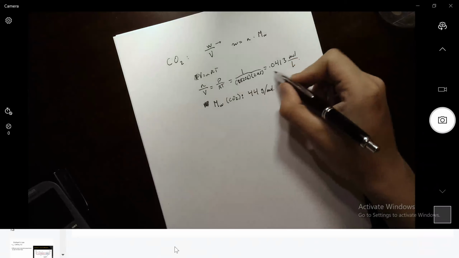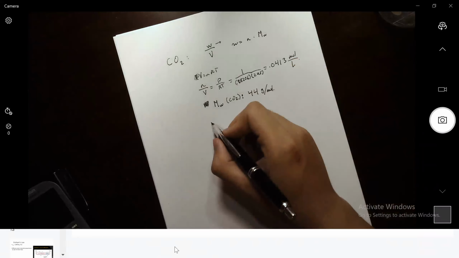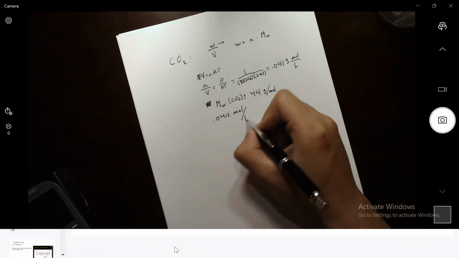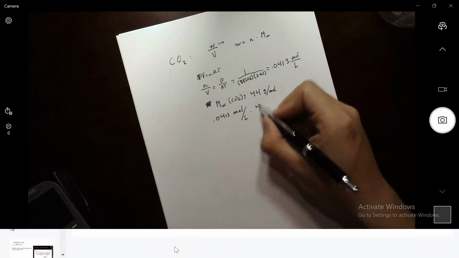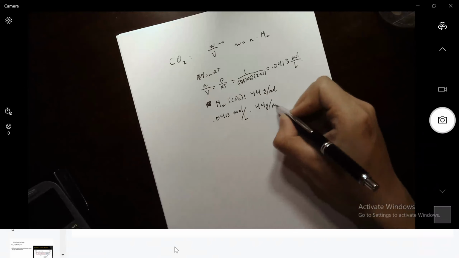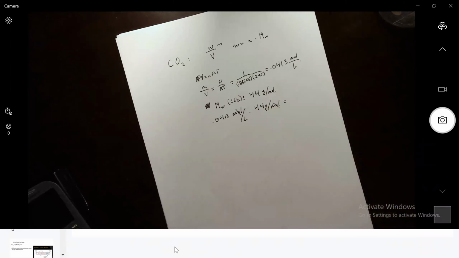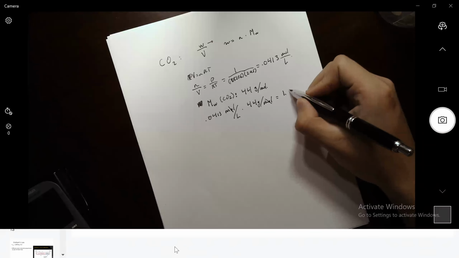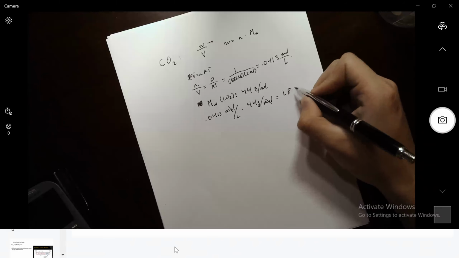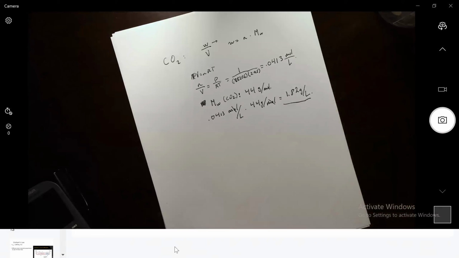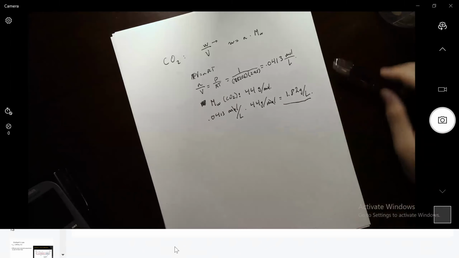So all we need to do is take this, 0.0413 moles per liter, times 44 grams per mole, which equals 0.82 grams per liter. So this is the density of CO2. Great.